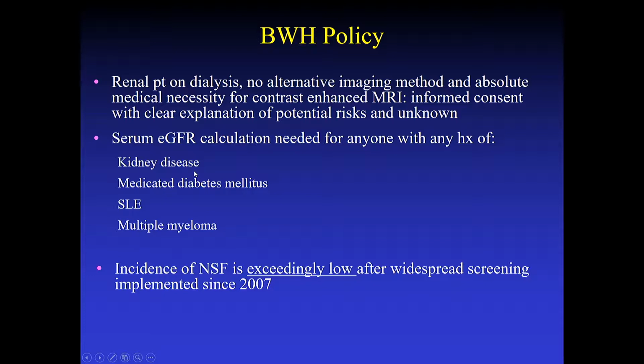Since then, the new incidence of NSF in the United States is exceedingly low. In fact, it is considered reportable since the implementation of screening. It indicates the importance of screening, which is applied in most, if not all, MRI programs.